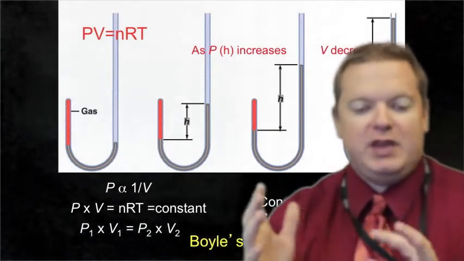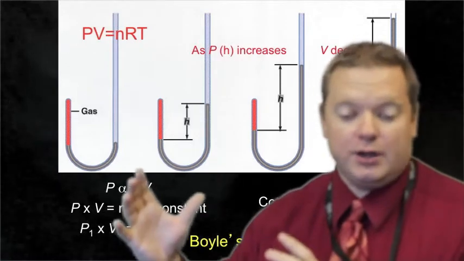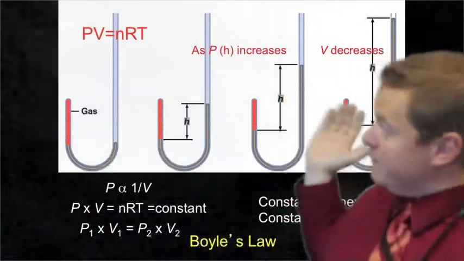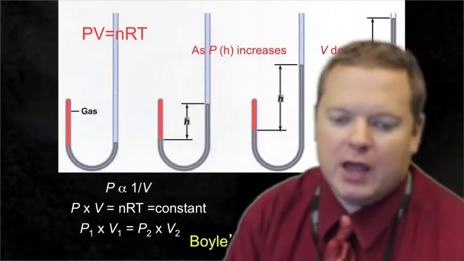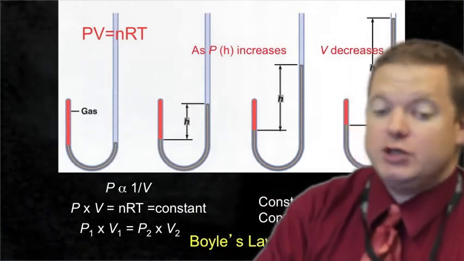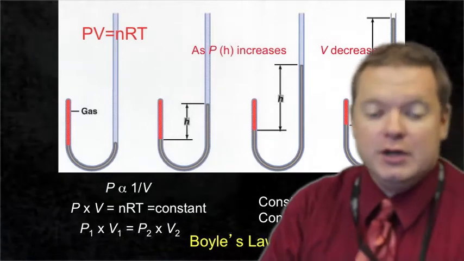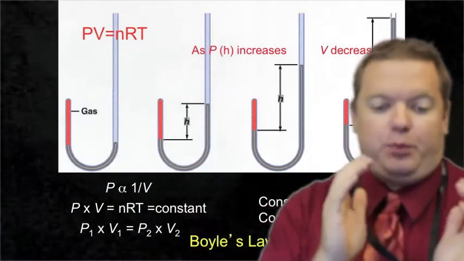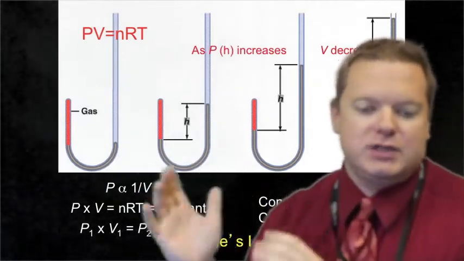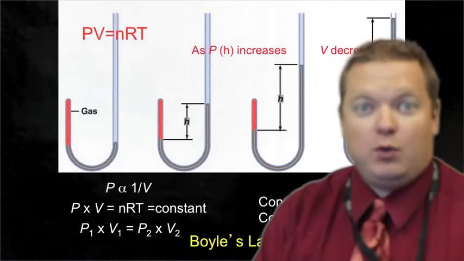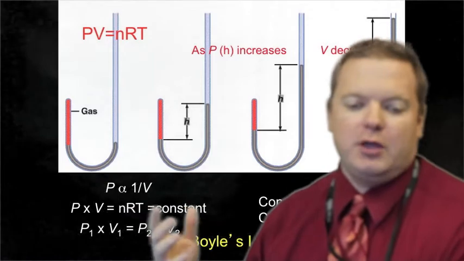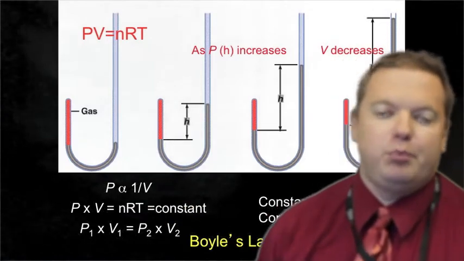So if we take this PV is equal to a constant, this nRT, because in all four conditions the number of moles of that gas hasn't changed, the proportionality constant hasn't changed, and the temperature hasn't changed, then in all of these cases the pressure times the volume is going to be equal to some number. So we can relate the pressure times the volume under one circumstance to the pressure times the volume in the other. This is known as Boyle's law.